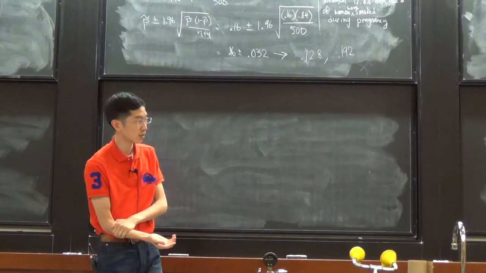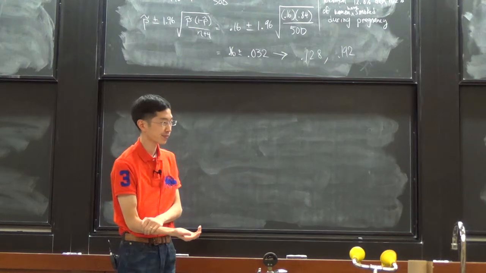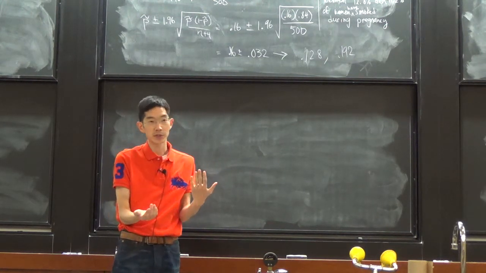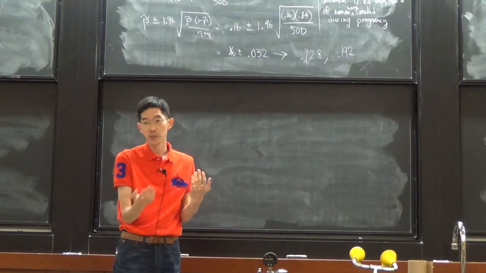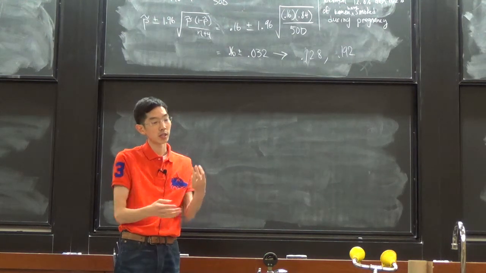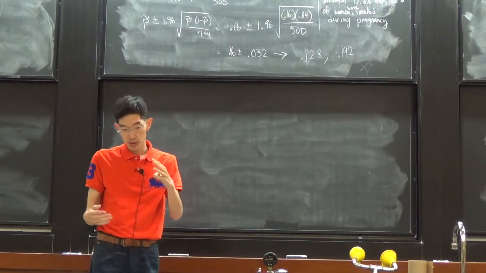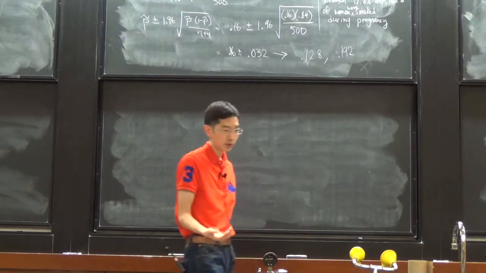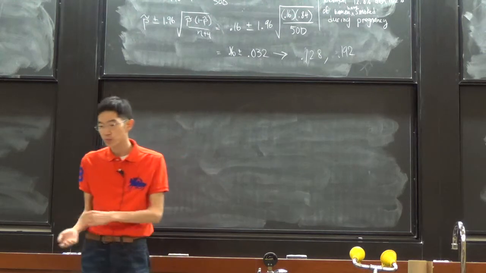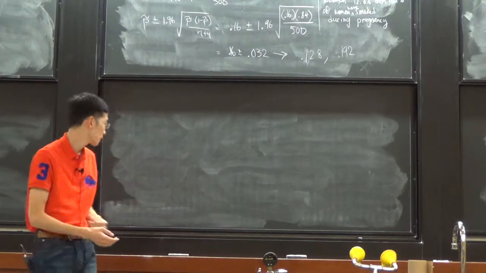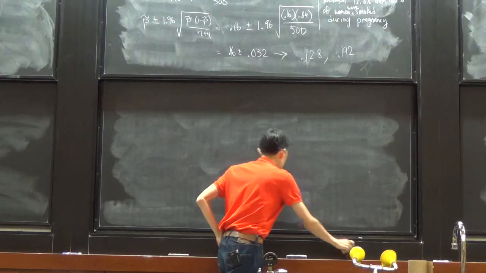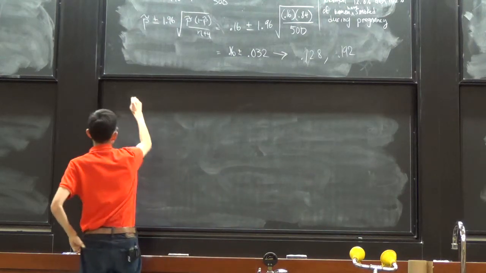So we could be dealing with flowers, and maybe the flowers are supposed to be red, pink, and white. We have three categories, and we want to know, are the flowers showing up with certain proportions? So we have what we call the chi-squared goodness of fit test.